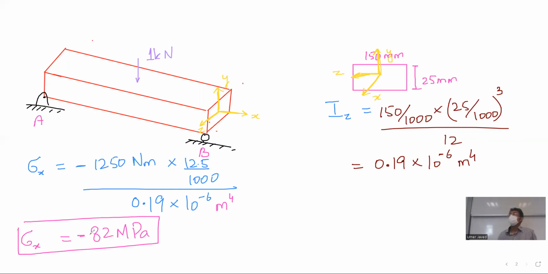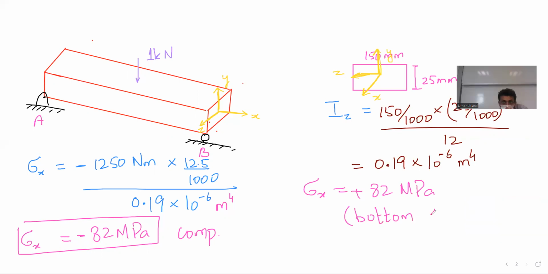By the way, this compressive stress is on the top surface or on the bottom surface? Top. Good. Everyone is with me. So we have compressive on top surface, and then stress x equal to positive 82 megapascals. Where? On the bottom surface. Tensile.